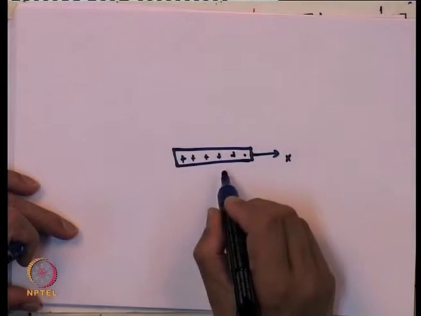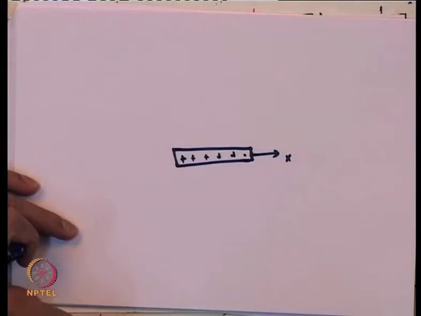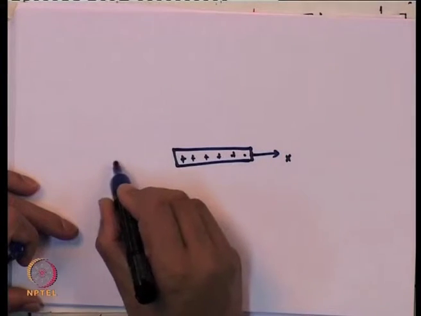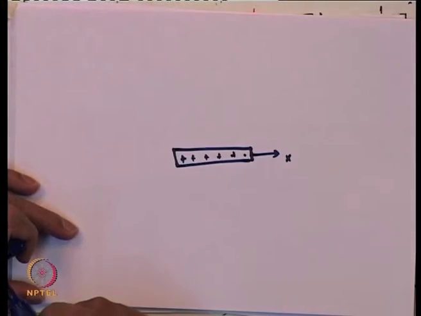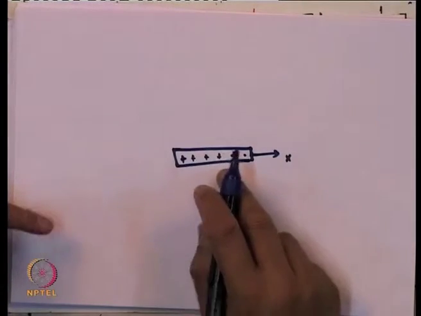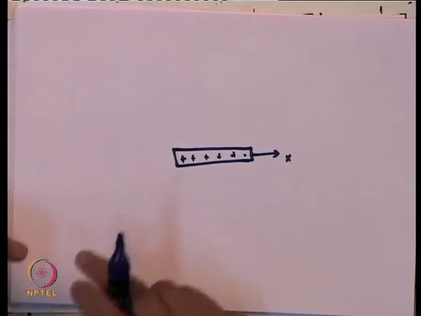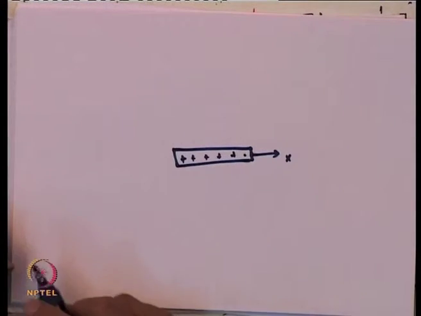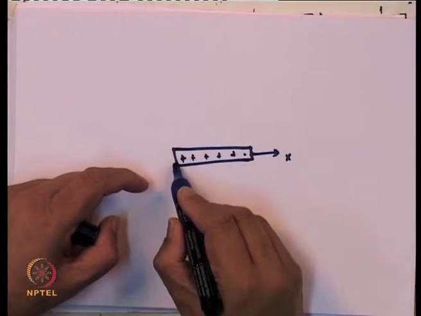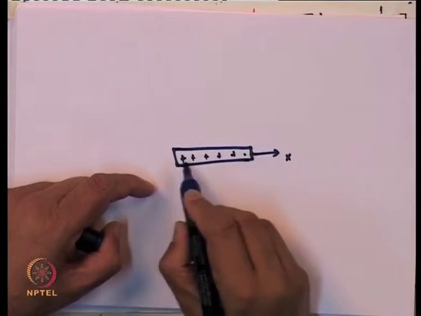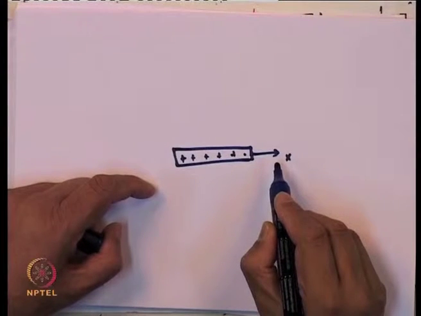Now, if I view this from a different frame of reference, let us say S prime, then a person sitting in that frame who views these charge carriers would find that this length is contracted. I am assuming that this particular frame is actually moving in the same direction as x.